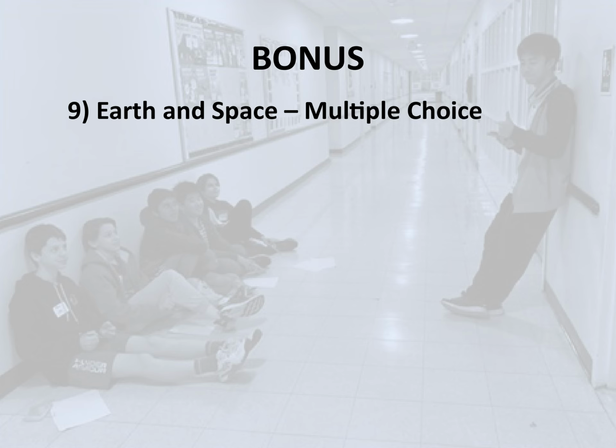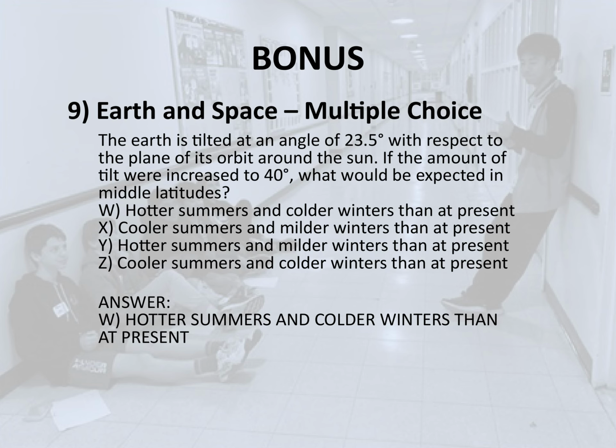X. Cooler summers and milder winters than at present. Y. Hotter summers and milder winters than at present. Z. Cooler summers and colder winters than at present. Answer: W. Hotter summers and colder winters than at present.